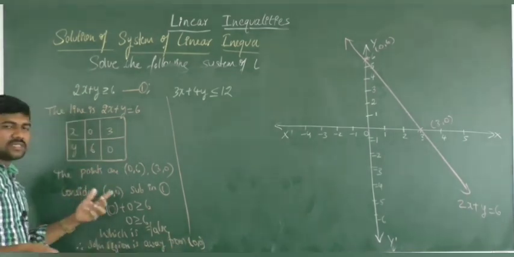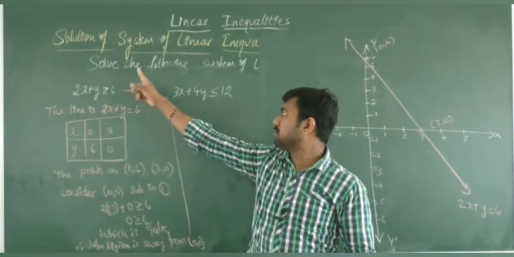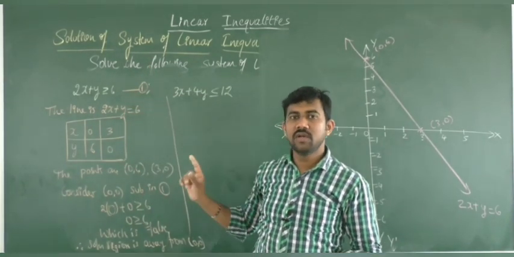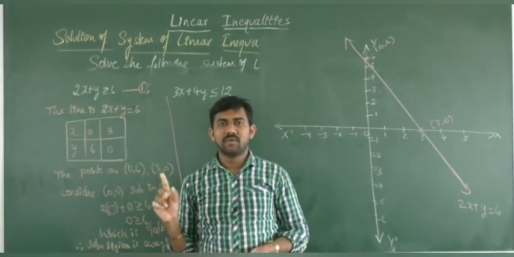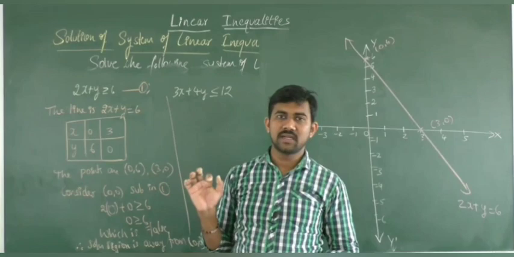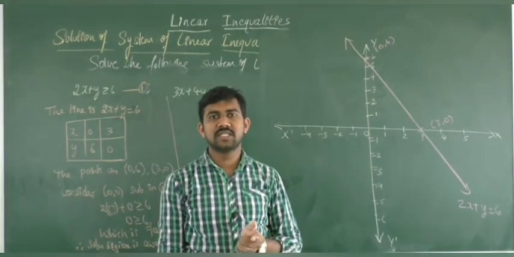Because 0, 0 does not satisfy the given inequation, the origin is not a solution of this inequation. Origin does not lie in the solution region. Origin lies in the lower half plane, so the lower half plane is not the solution region.